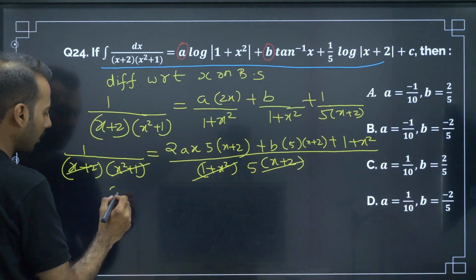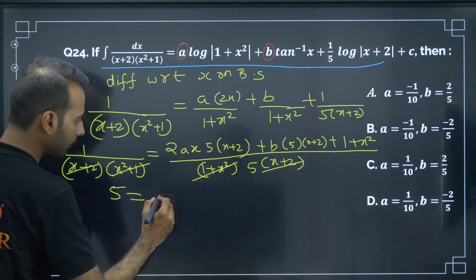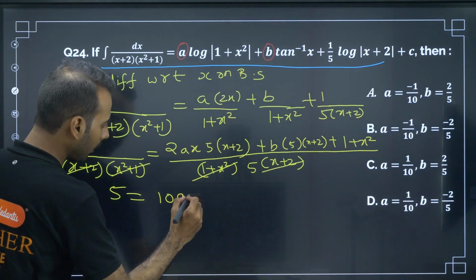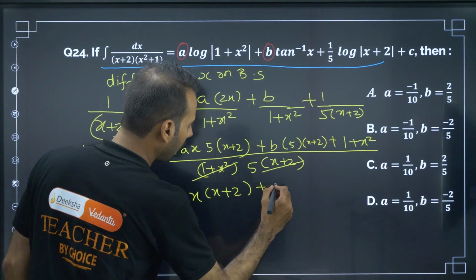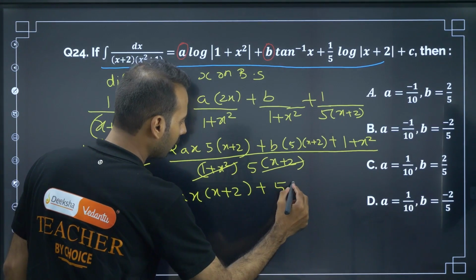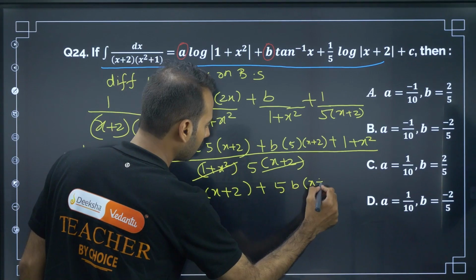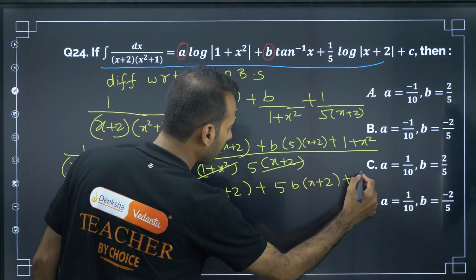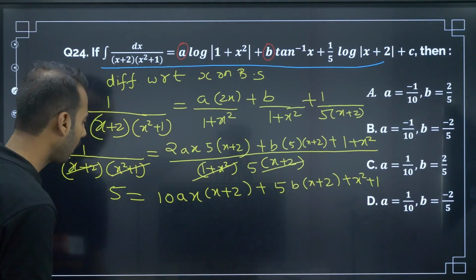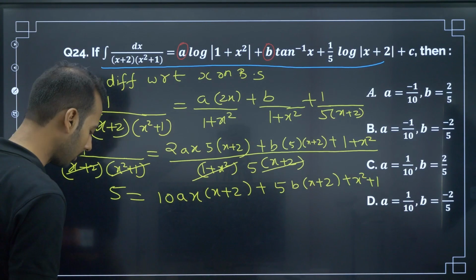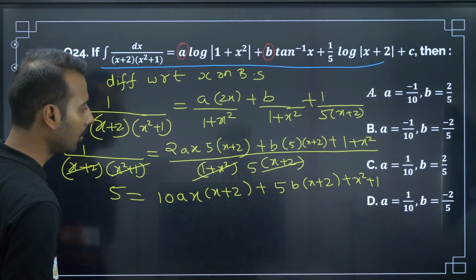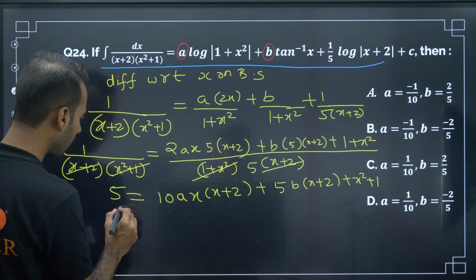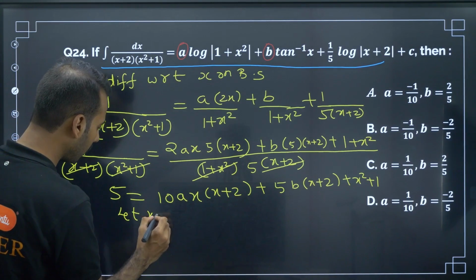5 transpose it to LHS. So 5 is equal to 10ax into x plus 2, plus 5b into x plus 2, plus x square plus 1. Now let me substitute x is equal to 0.